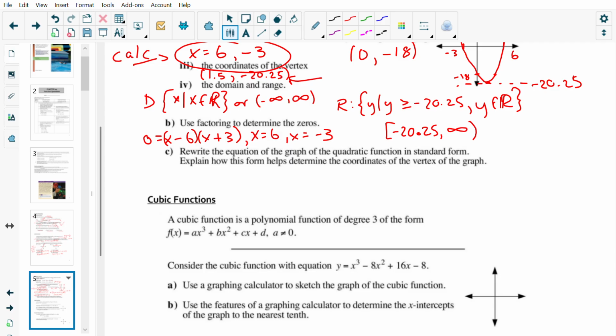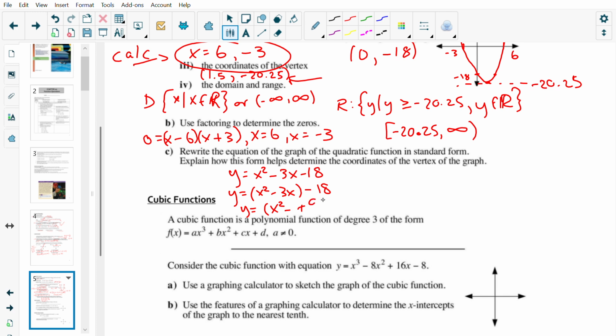C. Rewrite the equation of the graph of the quadratic in standard form. Explain how this form helps determine the vertex of the graph. Okay, so this is your completing the square. Remember, we separate the first two terms, then we divide negative 3 by 2, and then we square it.